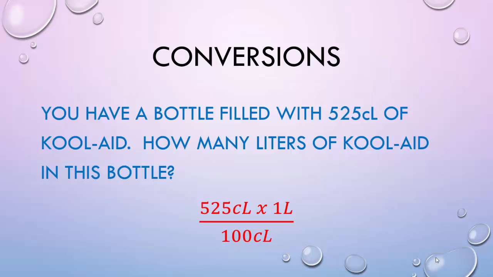We take the 525 centiliters, multiply it by the conversion factor, and we get 5.25 liters. We started with 3 sig figs, we ended with 3 sig figs. Also note, the digits for a metric conversion never change. So if you have 525 centiliters, your final answer will have 525 in it in that order.